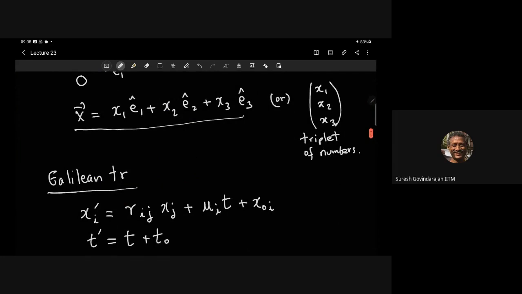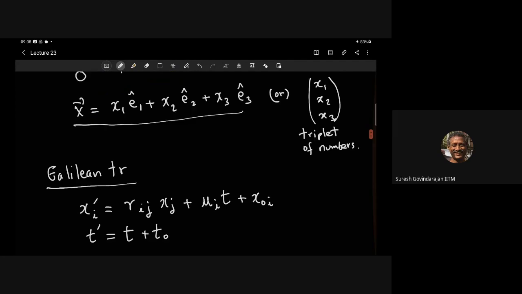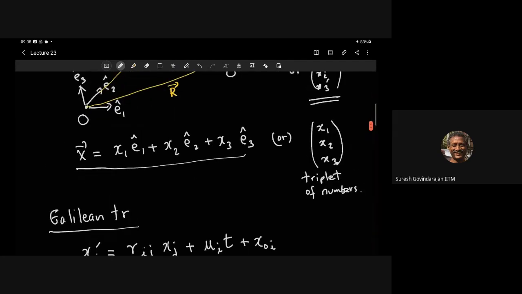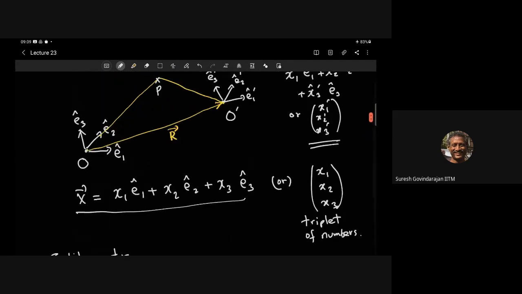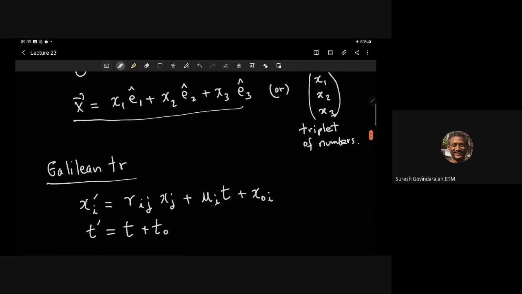So we want to ask what is the origin in the x prime basis. So what am I trying to ask? All I'm saying here is that we want O prime. This is where the origin of this will be located in the x_j frame.